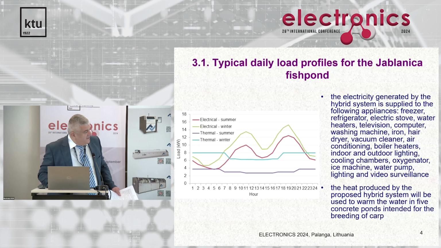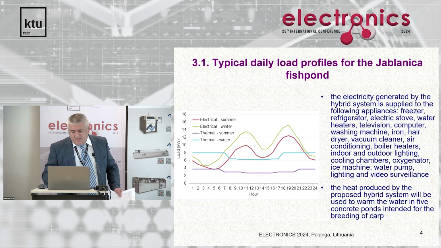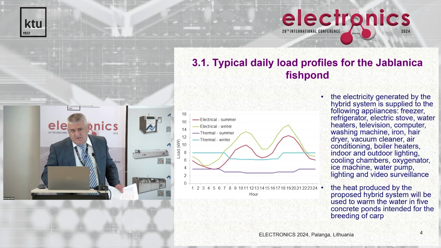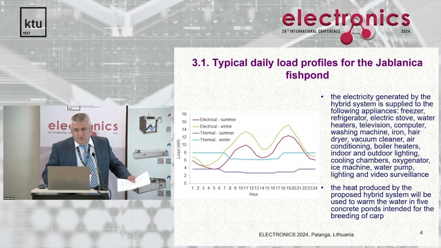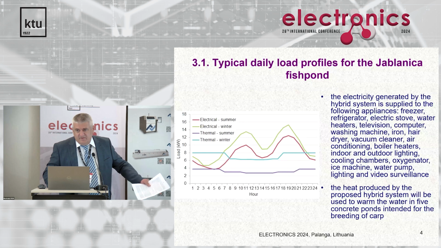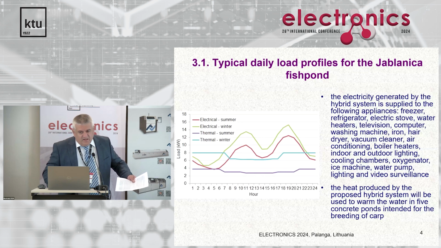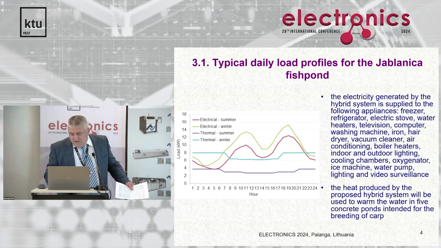Also, like any home, any consumer, the fish pond has its own load diagrams. That means people have some rooms there where they are living during production of fish, and there are lights, heating elements, and other appliances which are listed here.